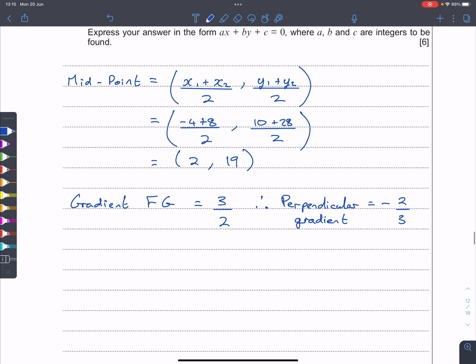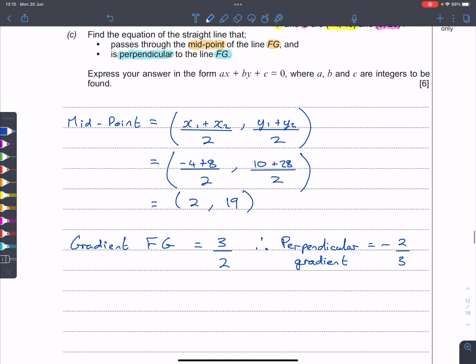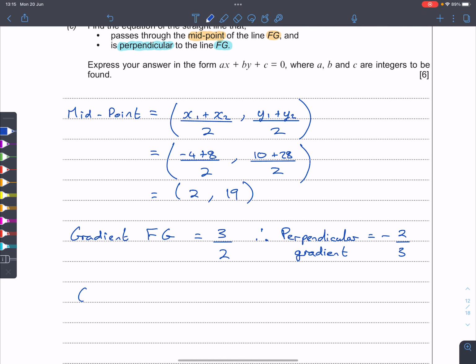Okay, so I can now find the equation of the line. Which is y minus y1 equals m(x minus x1). And we have our x1, y1 is our midpoint.